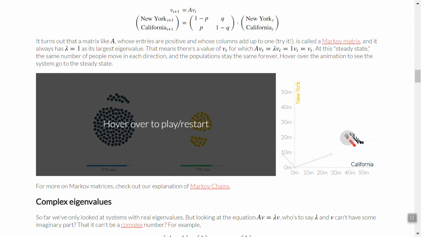And we can modify this so that we start off with everyone in New York, okay? If we start with everyone in New York, then 30% of New York will come to California, and then in the next cycle, 10% of those in California will go to New York, and 30% of New York will come to California, okay?